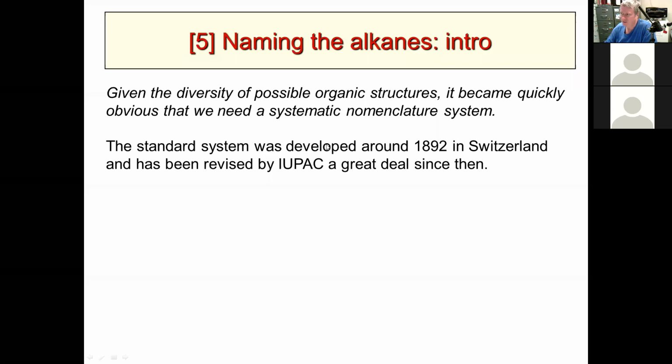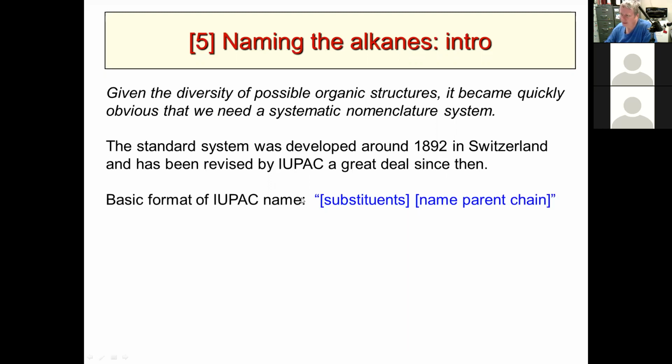The standard system was developed in 1892, so a couple weeks ago, in Switzerland, and has been revised by IUPAC, which is the International Union of Pure and Applied Chemistry. It's a major organization of chemists in the world, and it's been revised a bunch. But the basic idea was discovered in the late 1800s. The basic format is substituents and then name.